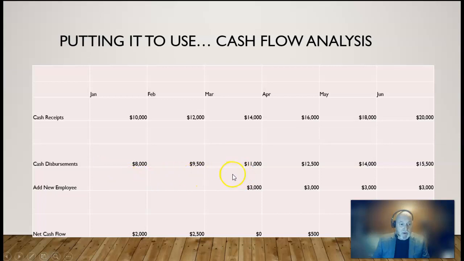So cash flow analysis is something that we might use these statements for. For example, we might have a movie theater. Let's say in March we add a person, and of course we have cash going out to pay them. When we look at our net cash flow, it goes from positive to zero, but then it supports our growth, which allows us to get our net cash flow back to being positive because we have this additional employee.